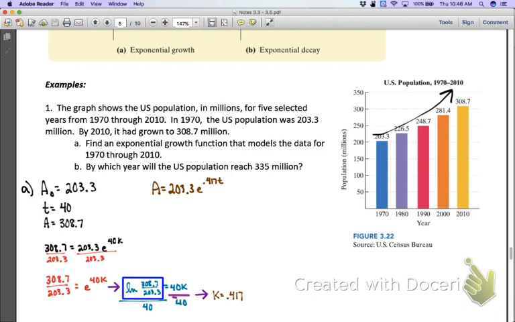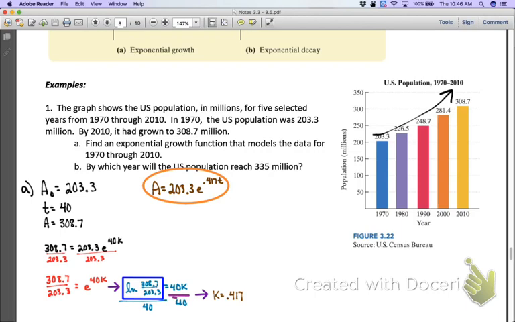So that way, if at any point, which I'm going to do here in a second on B, if I want to find any year, so not just within, if I want to know in 2019 what my value is going to be, or when is it going to reach, like on B, the 335 million? Even if I wanted to find, like this year, if it continues on this trend, what's the population going to be after that much time?